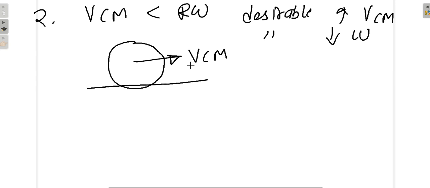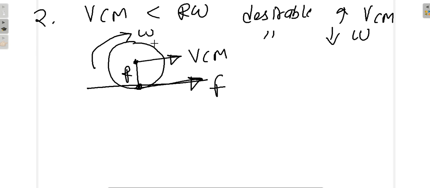If you want to increase the velocity of center of mass, then the force of friction must support it. So the force of friction will act in this direction. Now please see the direction of torque acting about the center. This torque of F is acting in the anti-clockwise direction, which is opposite to omega.